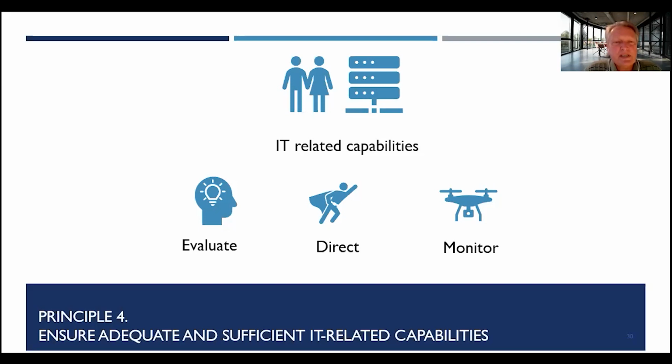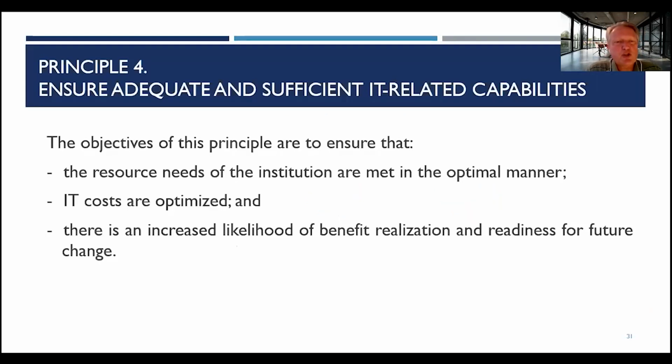So the long version of this is that supervised institutions should ensure that adequate and sufficient IT-related capabilities, and when we talk about capabilities, we talk about people, process, and technology, are available to support the institution's objectives effectively and at optimal cost. And the objectives of this principle are to ensure that the resource needs of the institutions are met in an optimal manner, the IT costs are optimized, and there is an increased likelihood of benefits realization and readiness for future change.